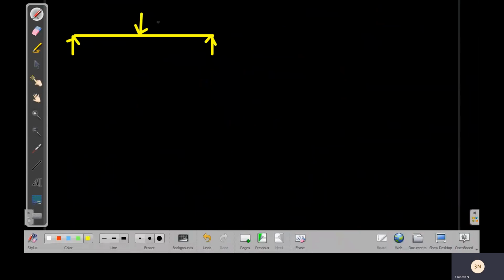Okay, this value is your 40, this is your 40, this is your 20, this is your 20, this is your A point, this is your B point, and this is your C point. And the distance between these two is 2 meters and 2 meters.